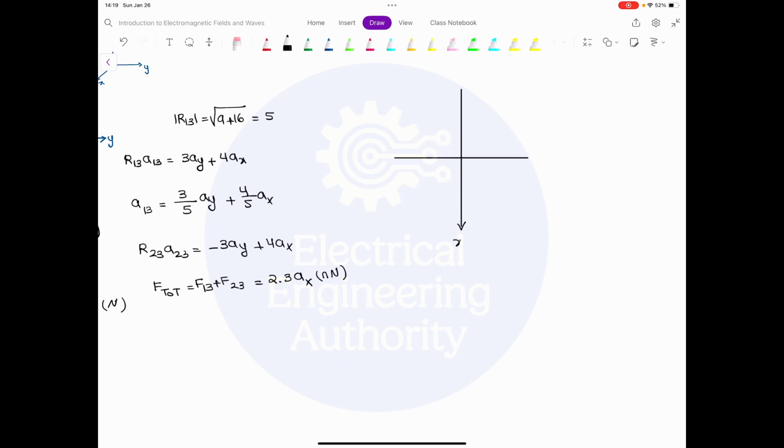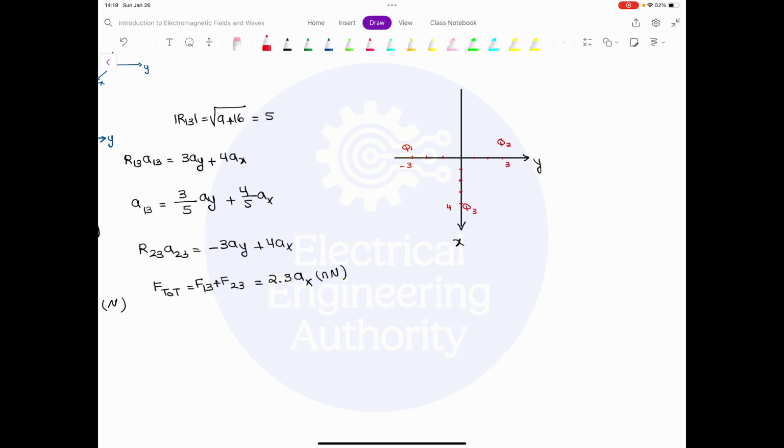This is my X, this is my Y. Q1, we said that it is at 0, negative 3, so 1, 2, negative 3. This is Q1. Q2 is at 0, 3, so 1, 2, 3. You see the location of the points didn't change. And Q3 was 1, 2, 3, 4 on the x-axis. Q3.